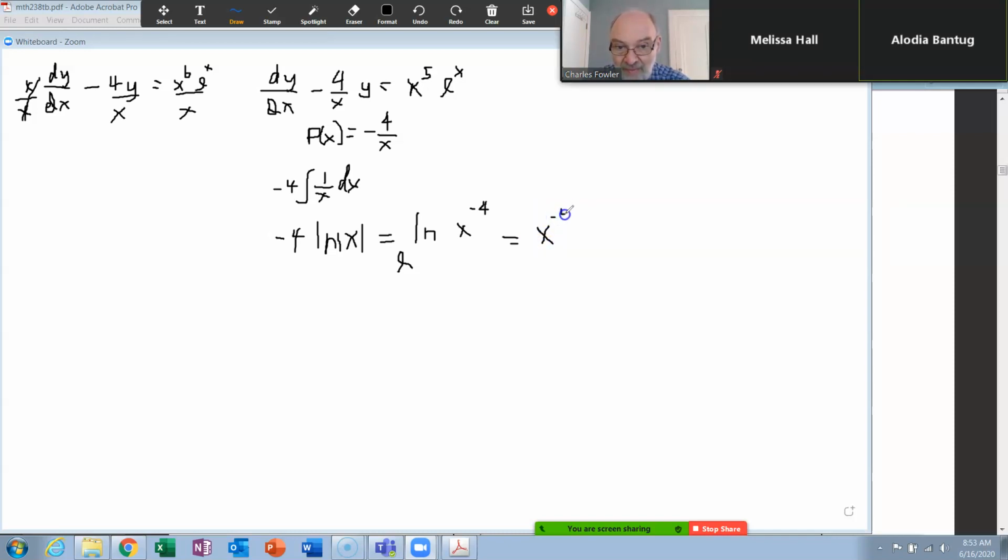Do you remember that one? These are inverse functions of each other, so the e undoes the log, therefore you're left with just what's on the inside, x to the minus 4. All right, this now is what we call our integrating factor. What do we do with that?